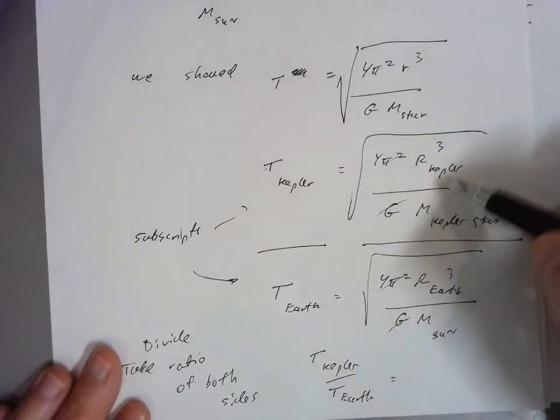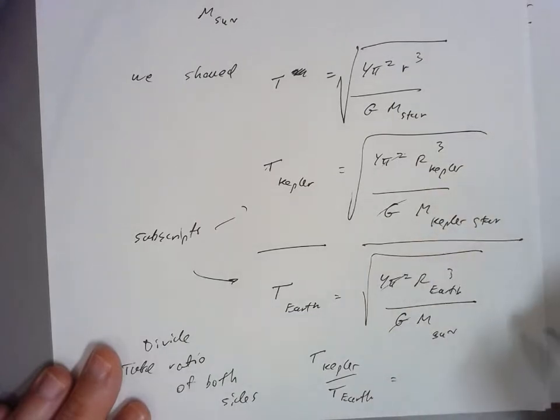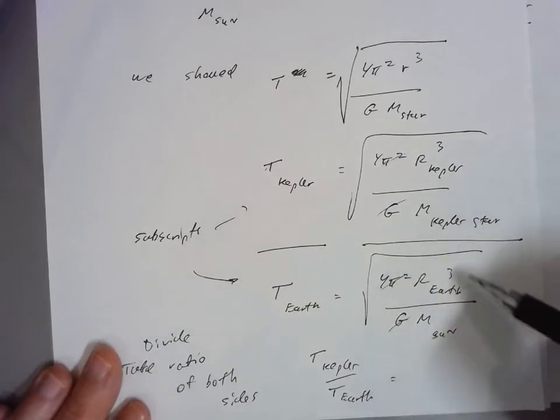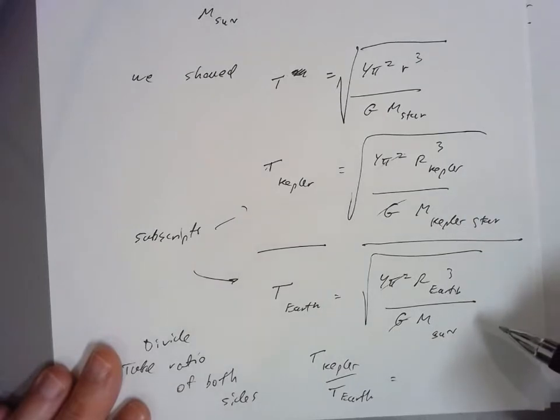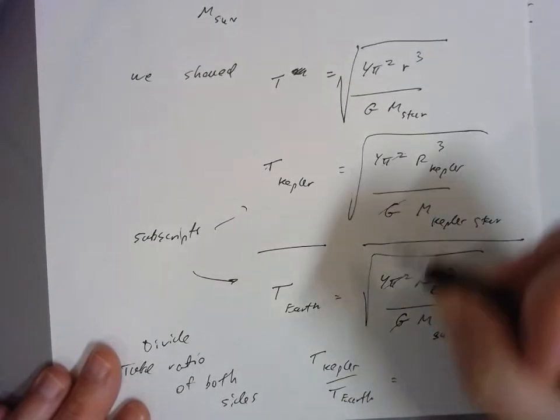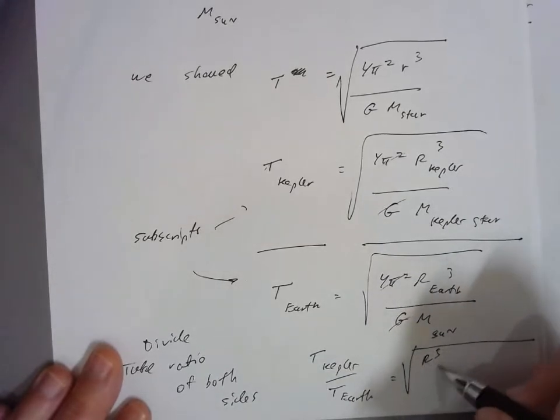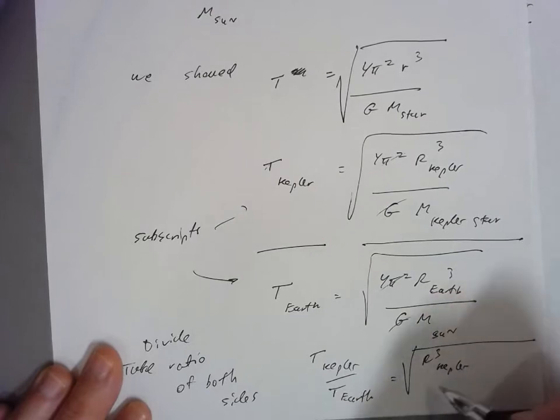I have a fraction in the numerator divided by a fraction in the denominator, and by the rules of algebra, what that means is I can multiply by the reciprocal of the fraction that's in the denominator. So that's what I'm going to do. And all of that's under a big square root. So what I'm going to have is r Kepler over the mass of the Kepler star.